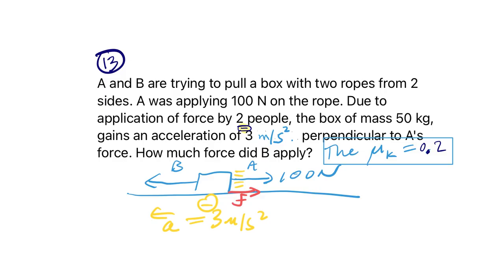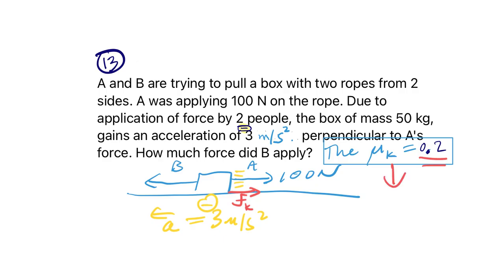Well, it's already moving, so that'd be kinetic friction. So I'm asking how much force person B applied while it's moving. Of course, he applied a bigger force to get it moving, but that's not what I'm asking. Also, I said the coefficient of kinetic friction is 0.2.